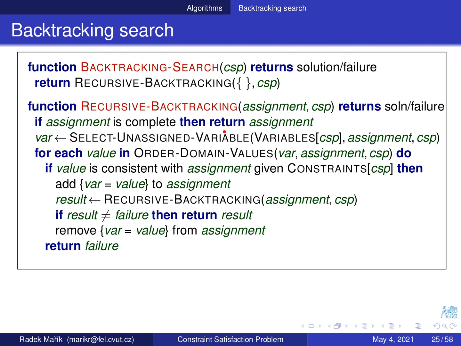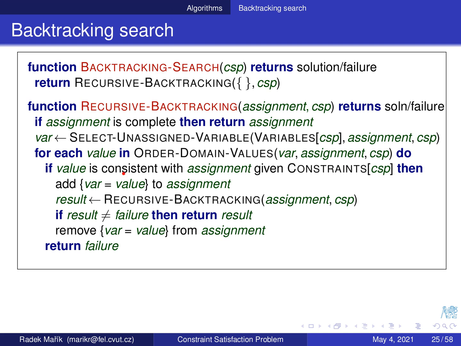If not, we select one of the unassigned variables. For each value of its domain, we check if that value is consistent with the assignment, given the constraints in that CSP description.